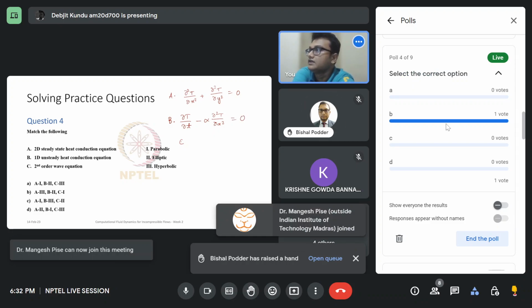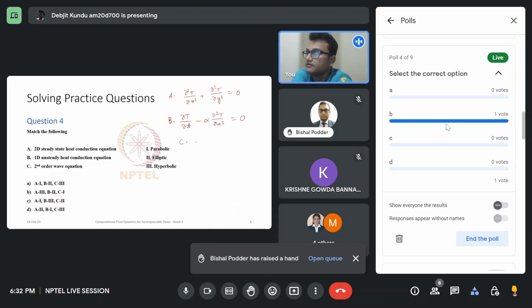Then if we go to option C, the second order wave equation, how does this look? We have a double derivative with respect to time, which is equal to c square del square u by del x square. Correct. So this also I will rewrite like this.